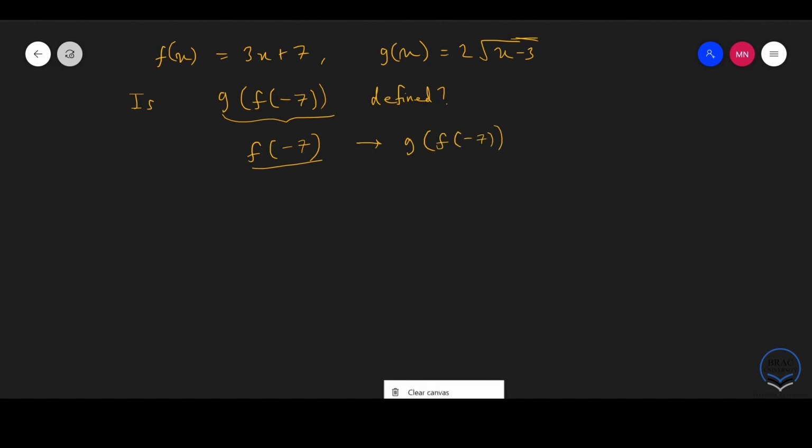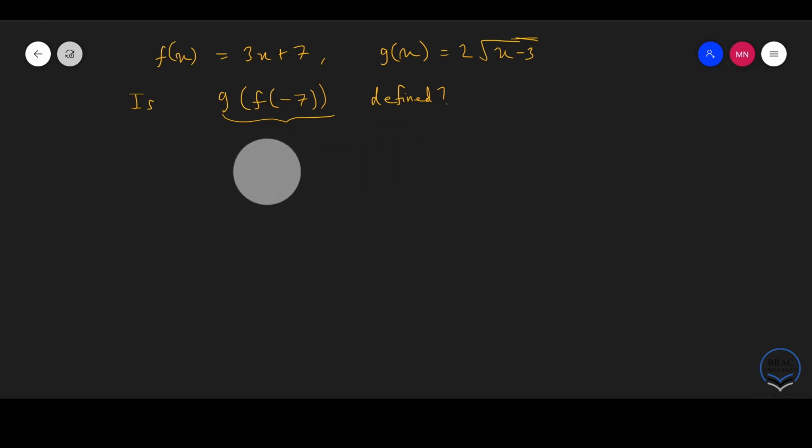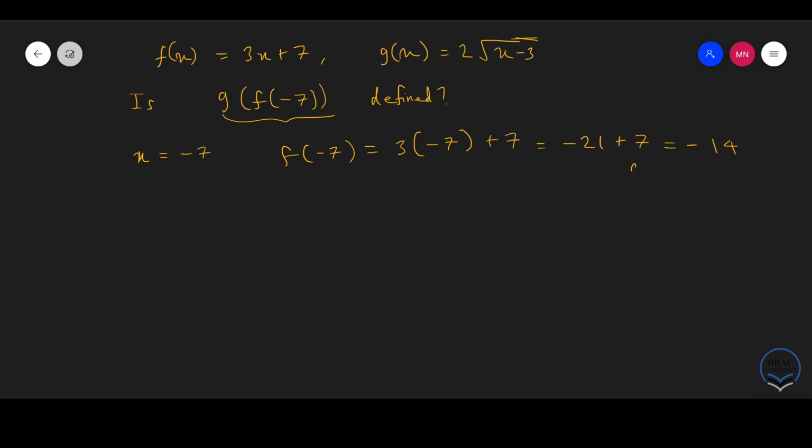So now we can first check our function f when x is equal to minus 7. f of minus 7 is equal to 3 times minus 7 plus 7. This gives us minus 21 plus 7, which is equal to minus 14. So f of minus 7 is equal to minus 14.